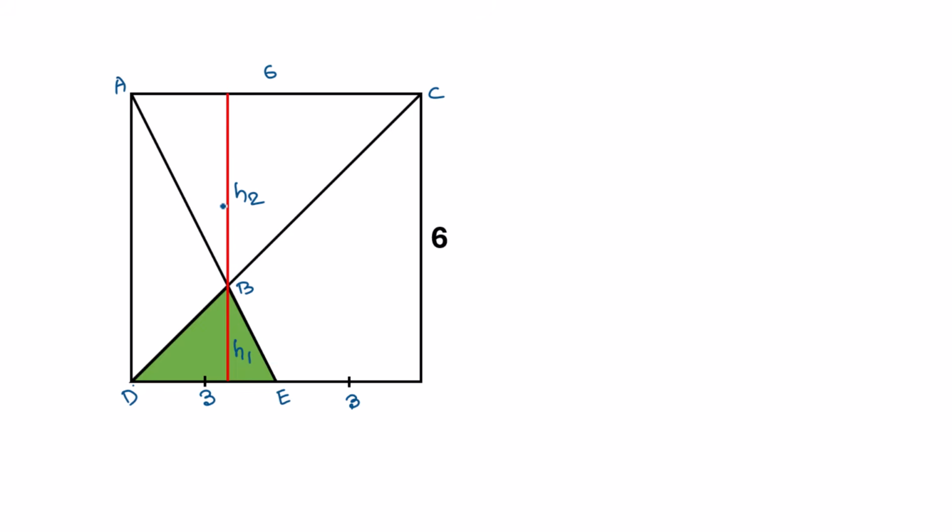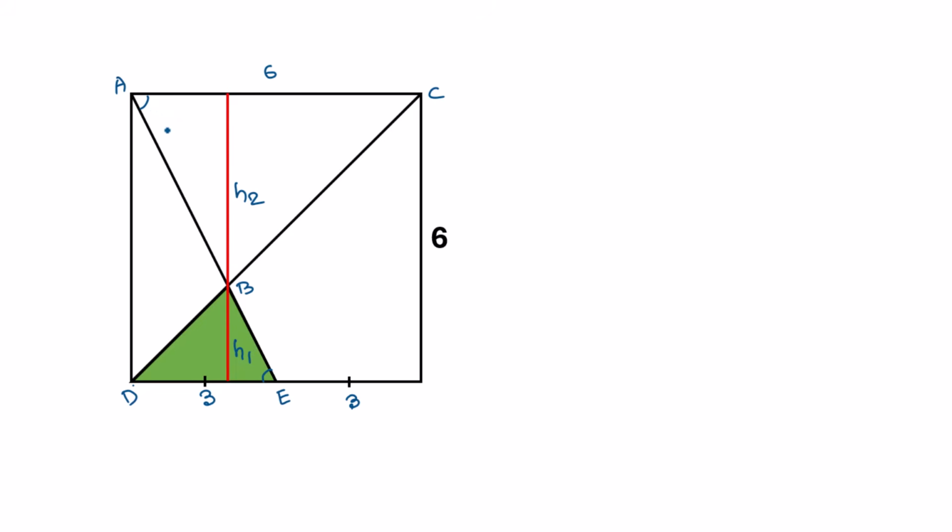In these two triangles, this angle is equal to this angle, because these two sides are parallel and intersected by this line AE. So these two angles are equal.